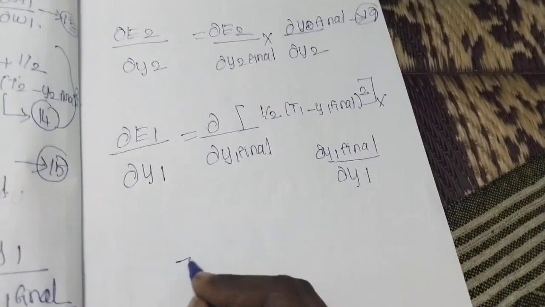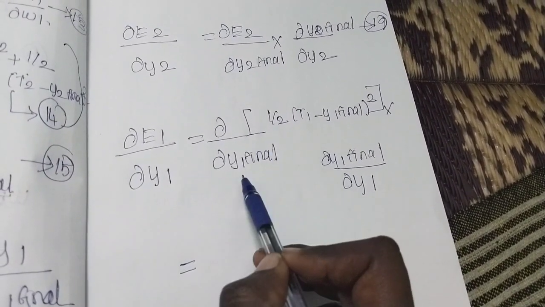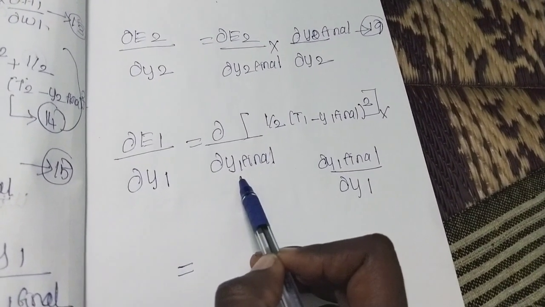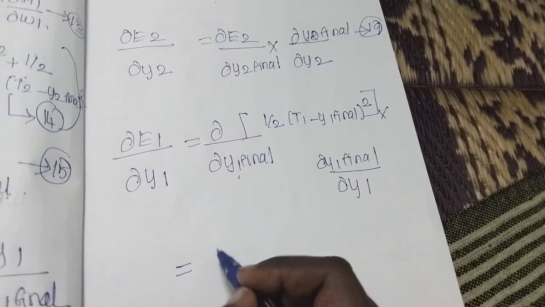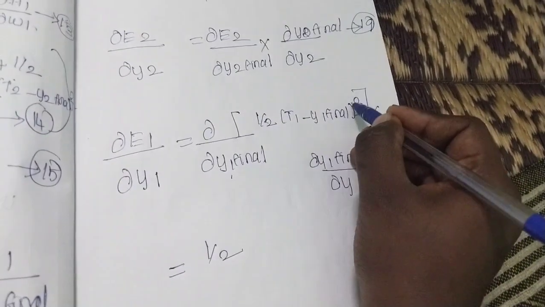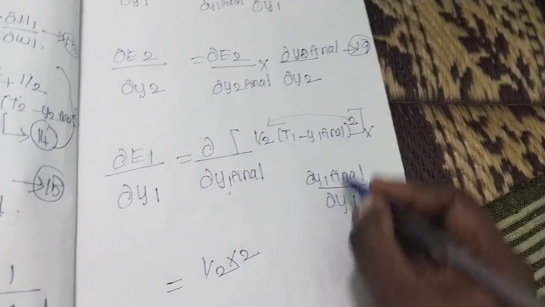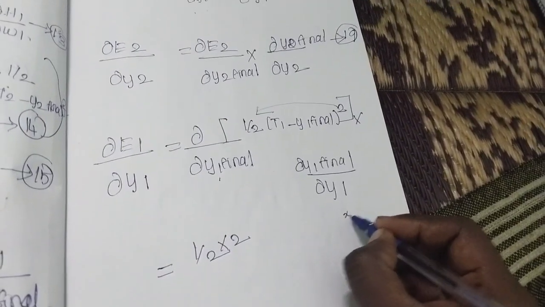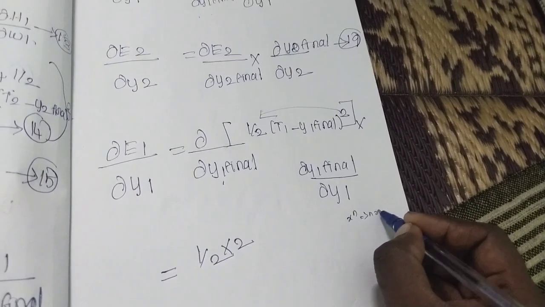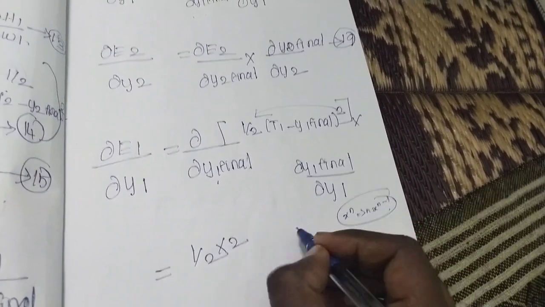So you partially differentiate this equation with respect to y1 final. You get 1/2, and the 2 comes down. If you differentiate x to the power n, it becomes n times x to the power n − 1. You follow the same format.